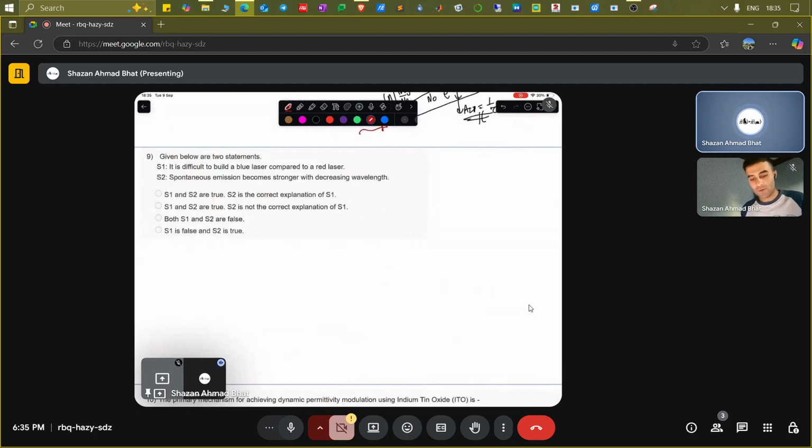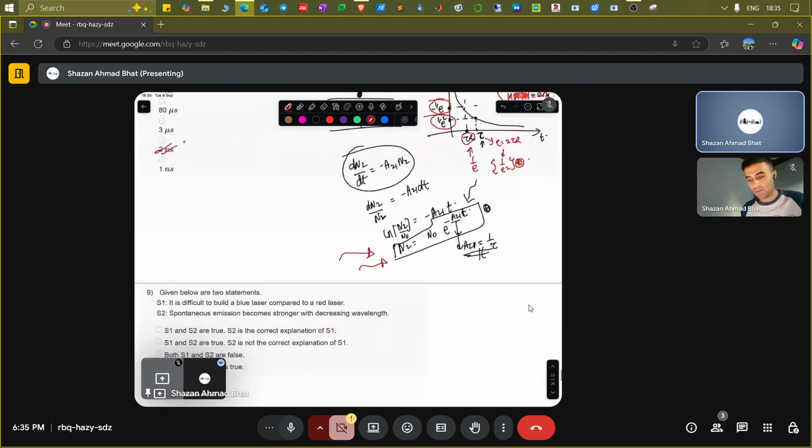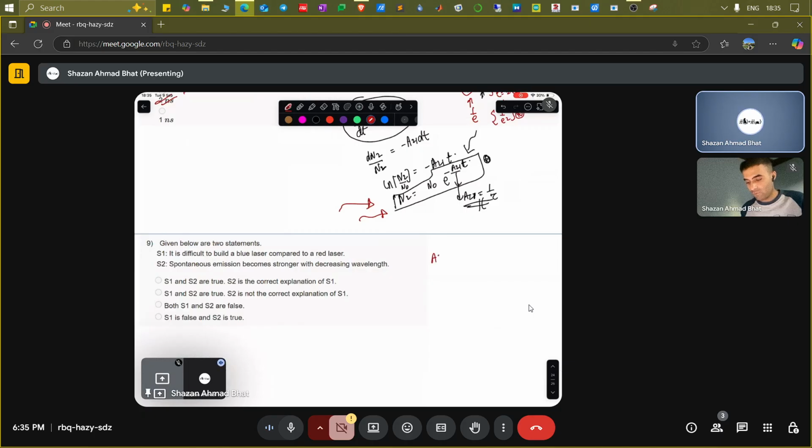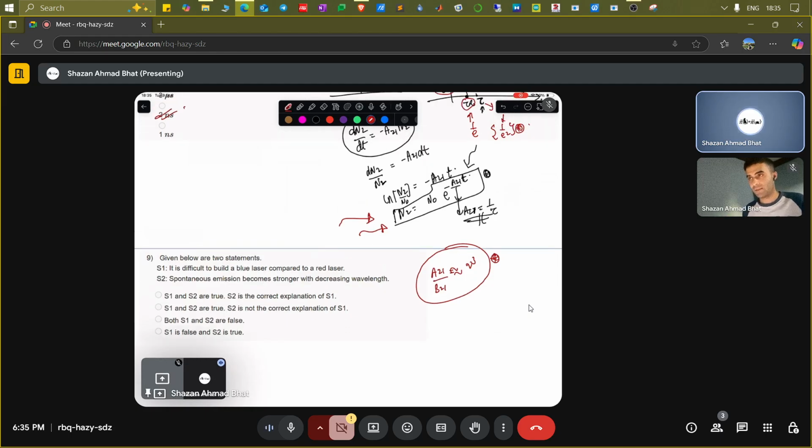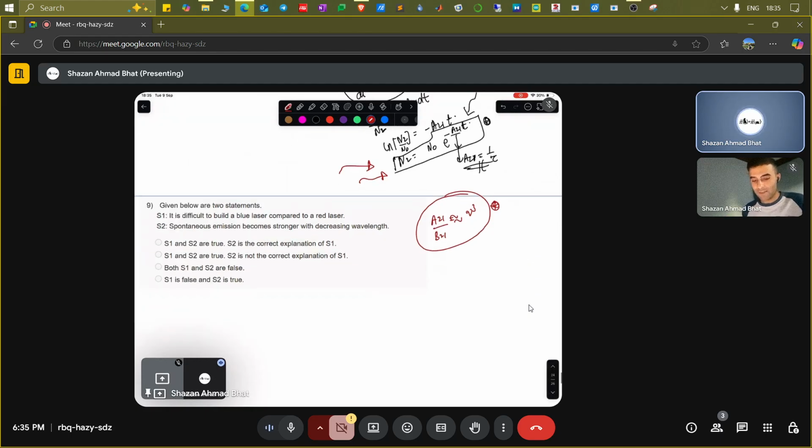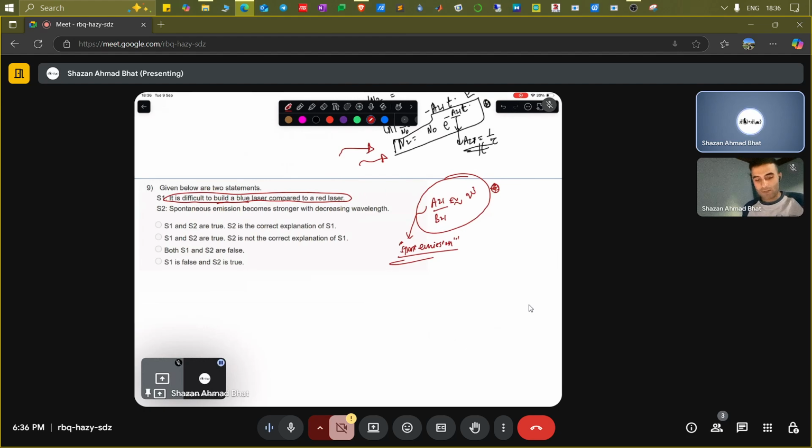Now, I talked about how the A21 to B21 ratio is dependent on frequency cube, when I talked about the processes in the previous slides. Because of that, it is really difficult to build a blue laser compared to a red laser, because in the blue spectrum you will have more dominant spontaneous emission.